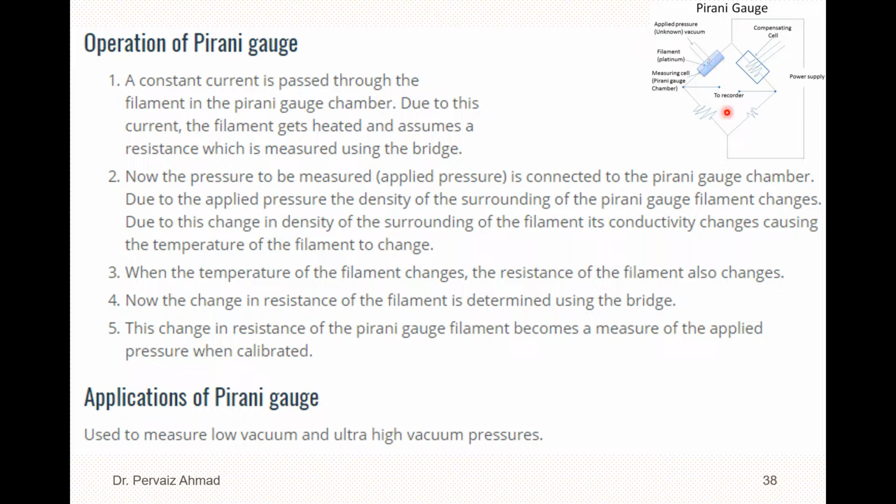Now we want the pressure to be measured, so it's connected to the Pirani gauge chamber. When we apply the pressure, the density of the surrounding of the Pirani gauge filament changes.